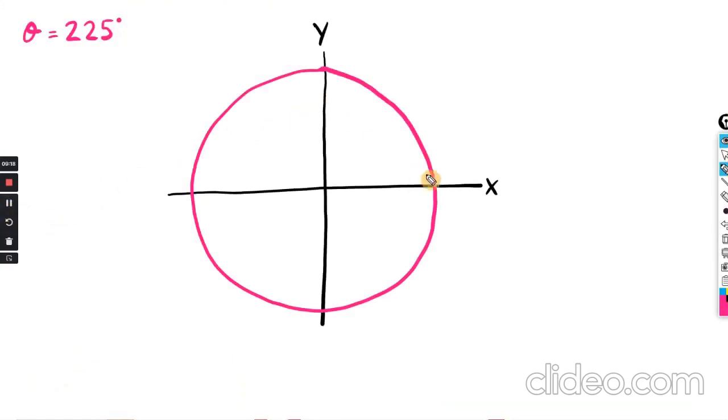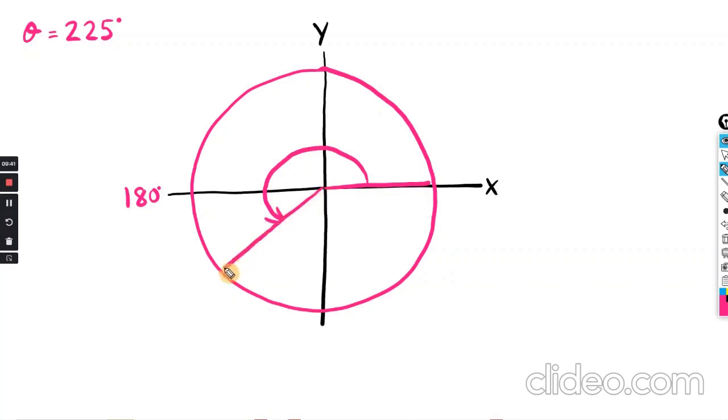Okay, so once again, we start at the positive x-axis, and we're looking to go 225 degrees. This right here would be 180. So we're going to go around this way. That's 90, 180, and a little bit further is 225.